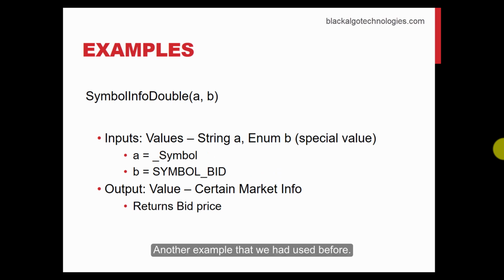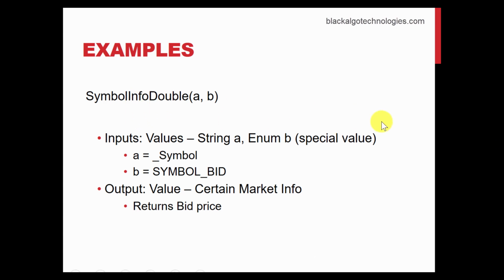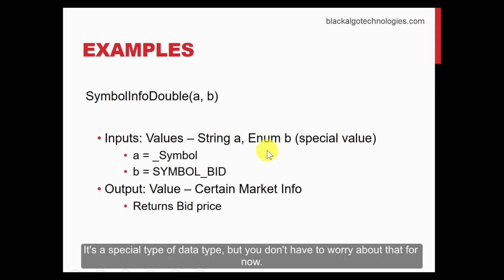Another example that we have used before, symbol info double. This is an inbuilt function. Takes in a and b. A is a string, b is what I call enumeration. It's a special type of data type, but you don't have to worry about that for now.